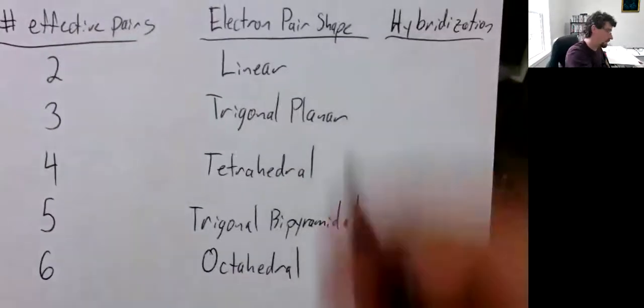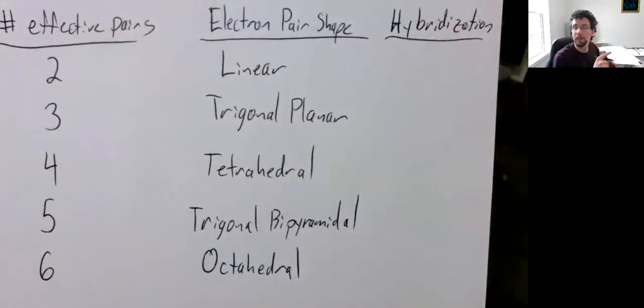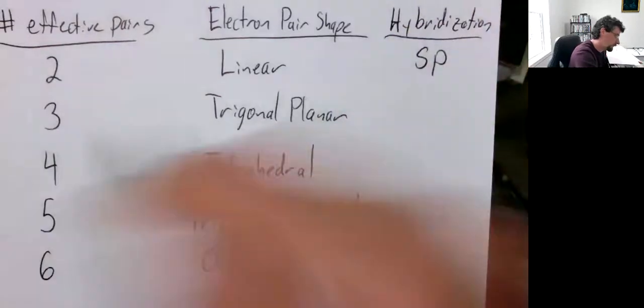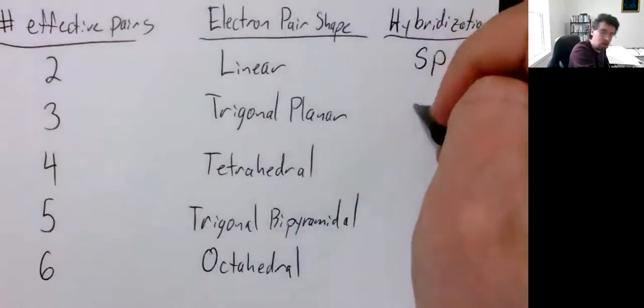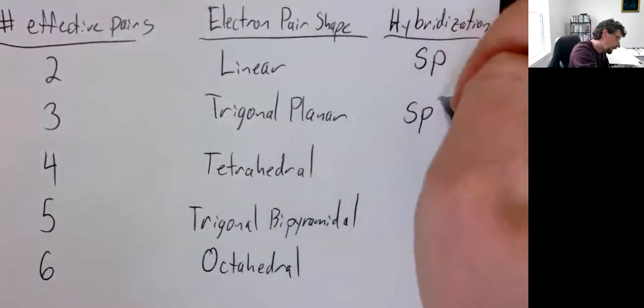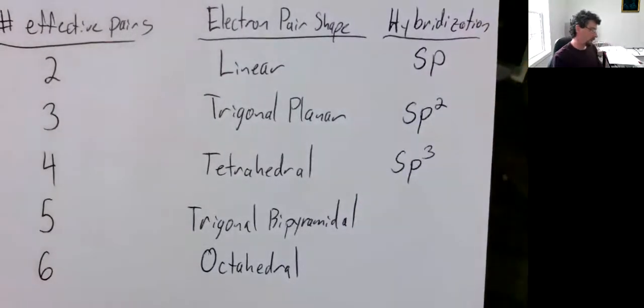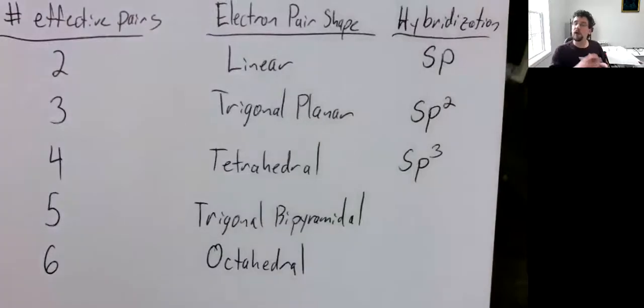When it comes to the hybridization, if we have 2 effective pairs, that means we have 2 atomic orbitals overlapping. We get sp. For 3 effective pairs, we introduce another atomic orbital, sp2. 4 effective pairs, sp3. Now you might be thinking 5 effective pairs, let's do sp4. The problem is per n, or per energy level, when we're discussing those quantum numbers, we only have 3 p orbitals, so we have to use another orbital in the mix.